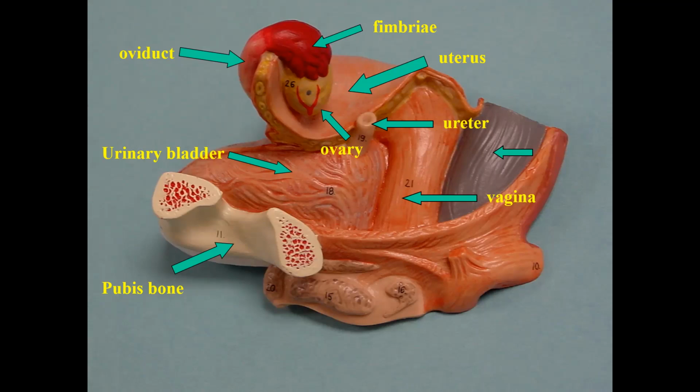Now, conventional wisdom says that the adult female has all the eggs she's ever going to have, about 400,000 of those, and she's only going to use about 500 over her reproductive lifetime. There is newer thinking that perhaps eggs are being made all the time. So regardless of whether females are making eggs or not, it doesn't matter.